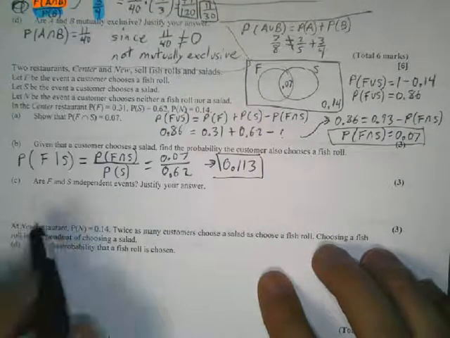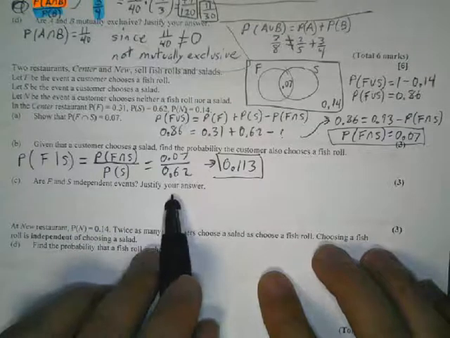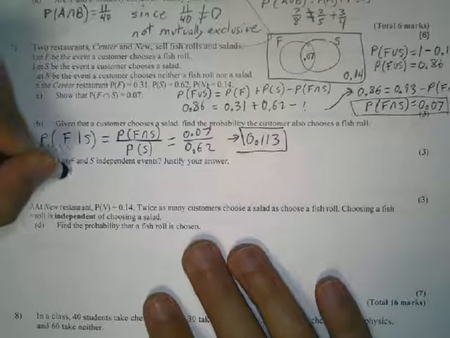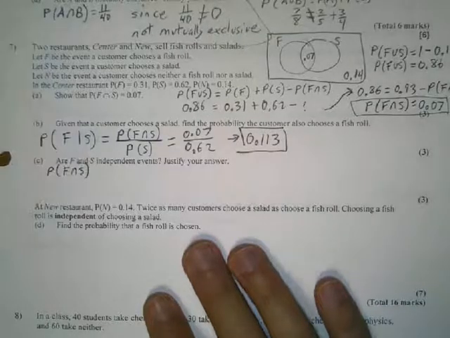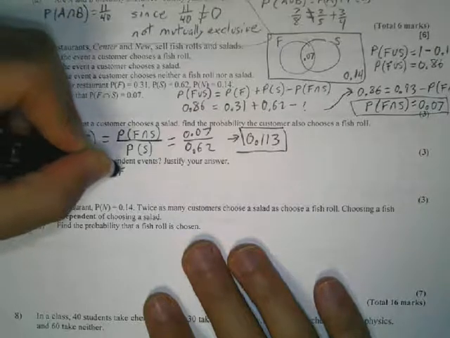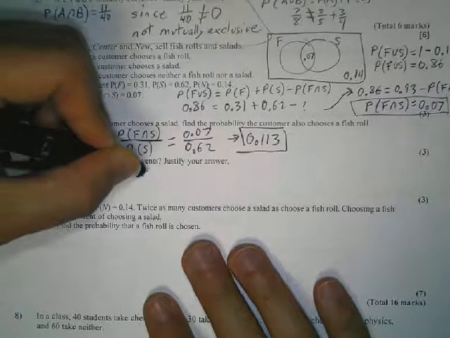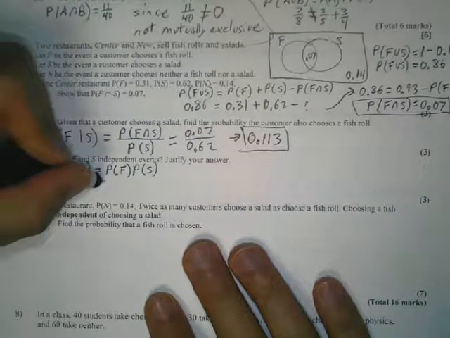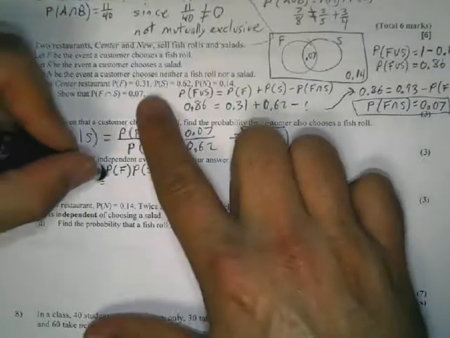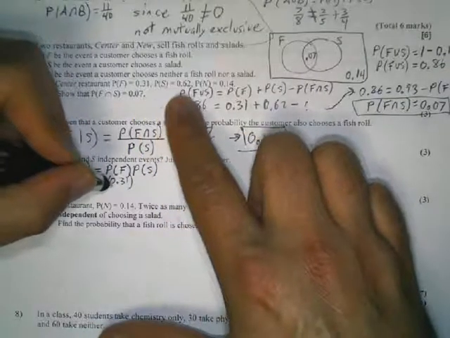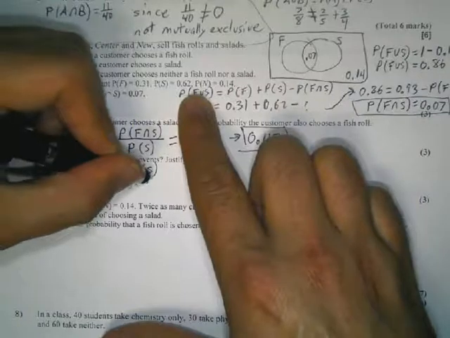Are F and S independent events? In order to be independent, the intersection of the two should be equal to the probability of F times the probability of S. The probability of F, they told you, is 0.31. The probability of S is 0.62.